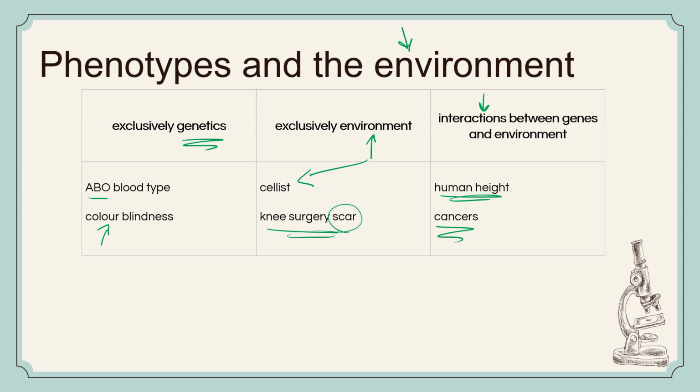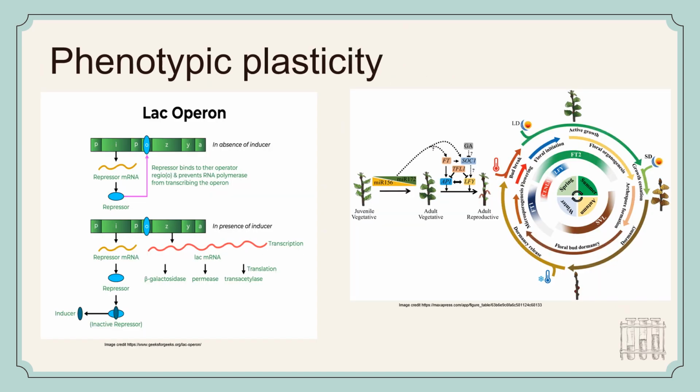We talked in our last video lecture about our genes that are tumor suppressor genes and our proto-oncogenes, and those genetics can lead to the development of cancer, but the environment also is going to influence those genes and turn them into cancerous genes instead of the not cancerous ones. The environment can also turn on and turn off different genes. So this idea of phenotypic plasticity, changing our phenotypes due to the environment, is pretty cool.